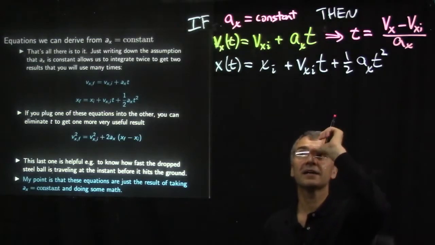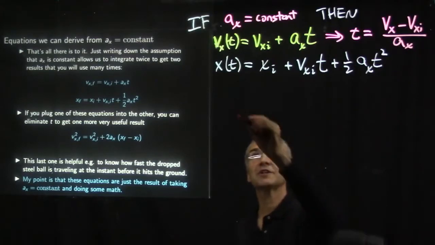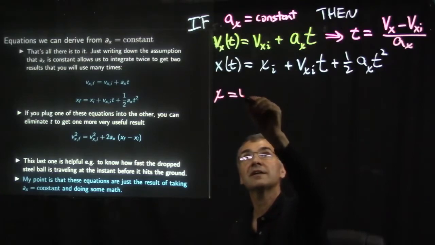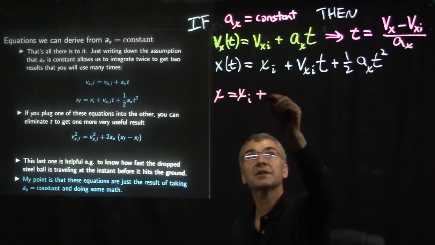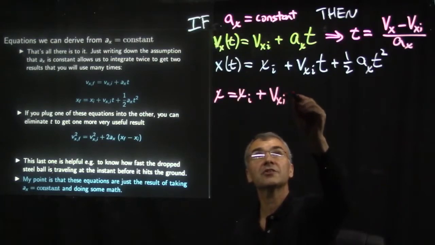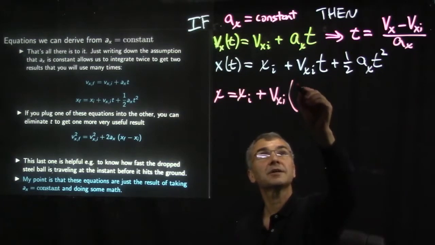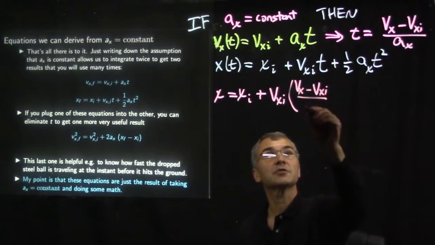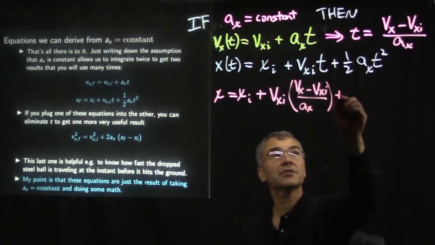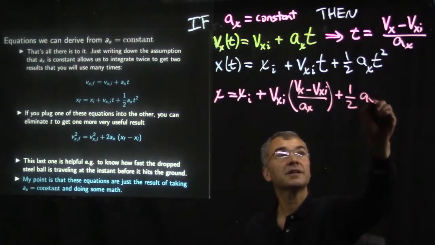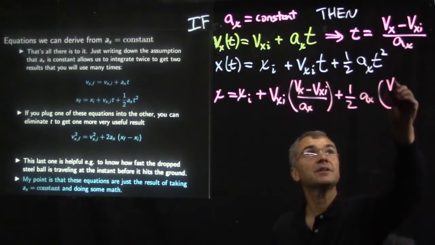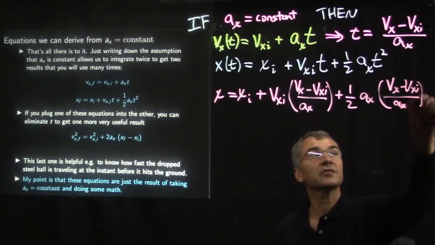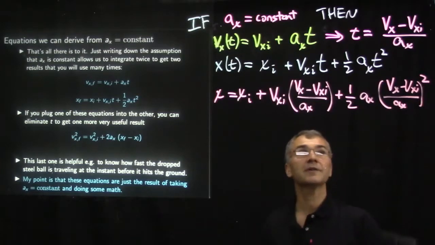And then we can use that for the time over here, and this gives us x equals x initial plus v x initial times v x minus v x initial over a sub x, plus 1/2 a sub x, and then we have v x minus v x initial divided by a sub x, all squared.